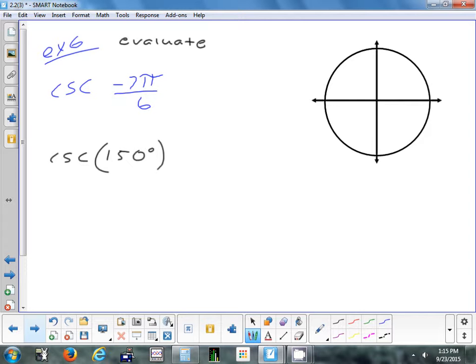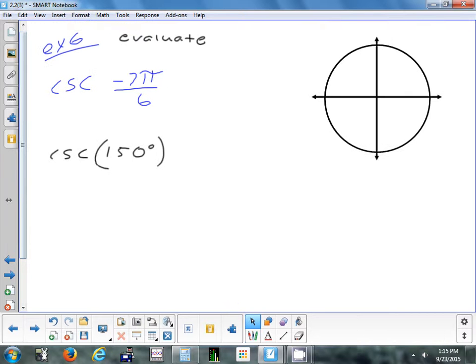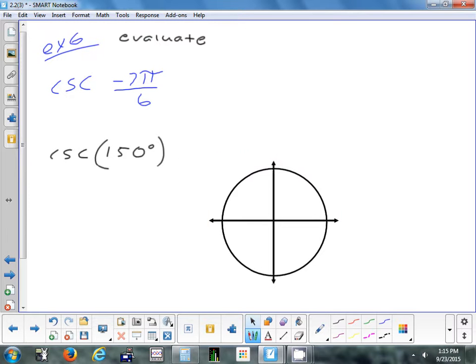All right, so let's just take a look at what kinds of angles we've worked with. Very first day we worked with the quadrantal angles. Those were your 0, 90, 180, 270. So there's 4 angles I could ask you about. Yesterday we worked with the 45 and the 30 and the 60.